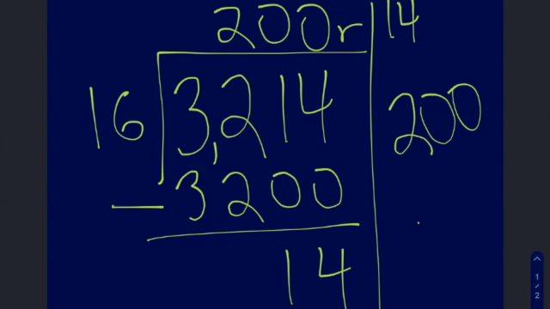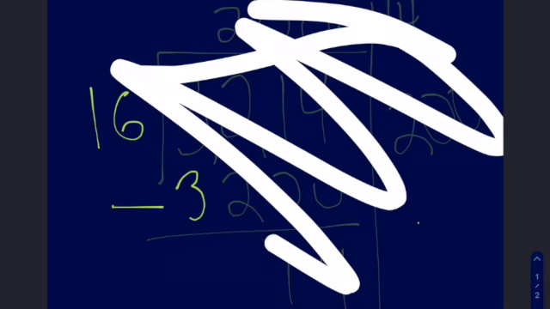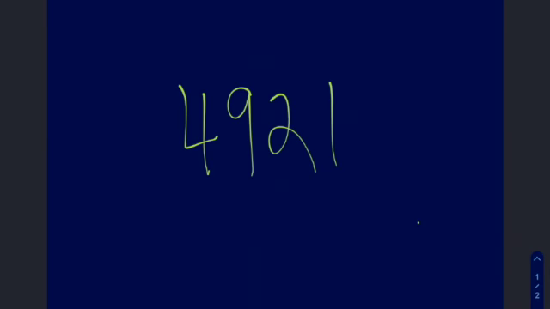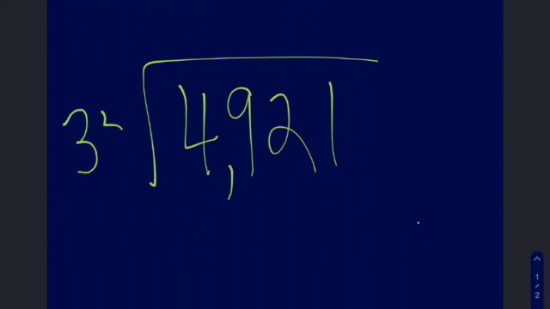But if you remember the strategy from before, with 16, you can make a tower. So let's say I had a third example, 4,921, divided by, let's say, 35.